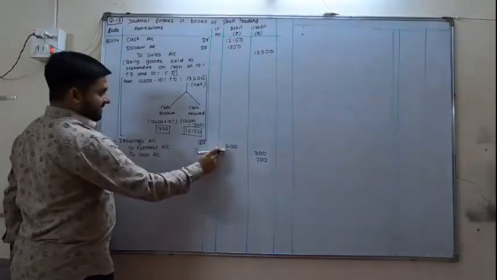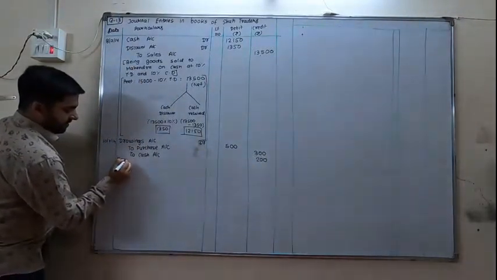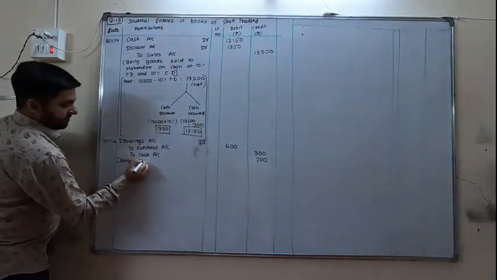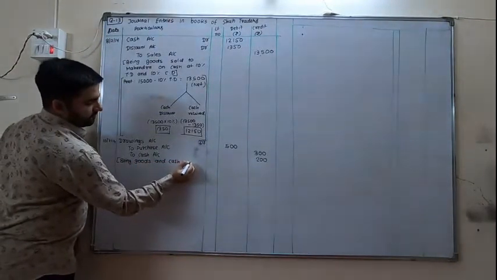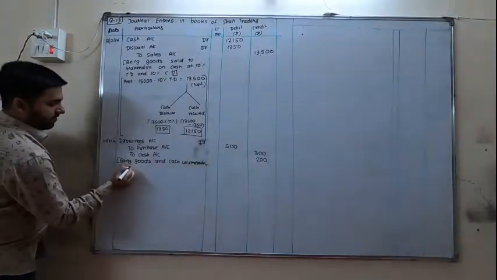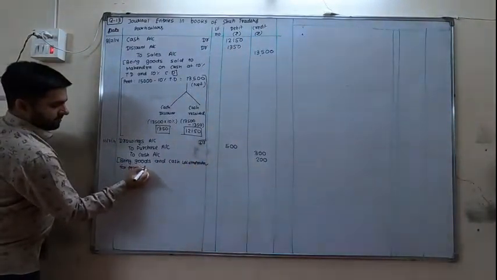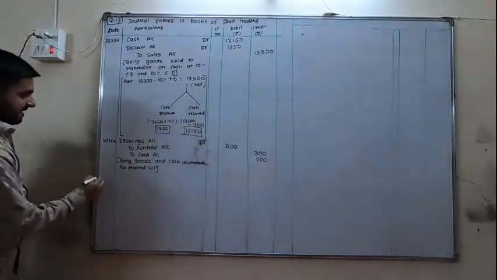So drawings debit 500, purchase 300, cash 200. Being goods and cash withdrawn for personal use.